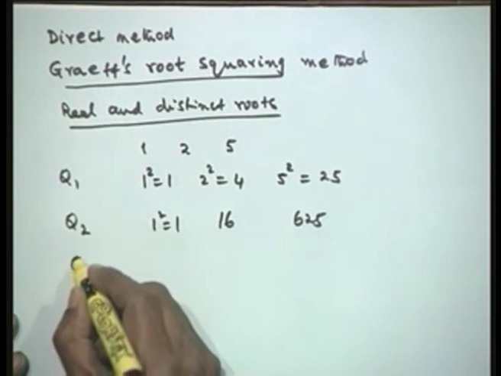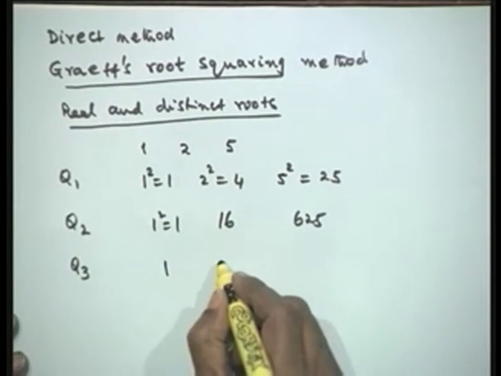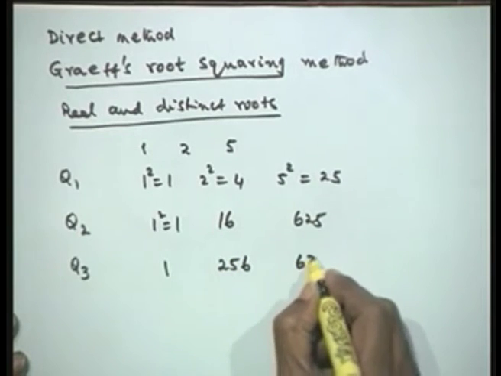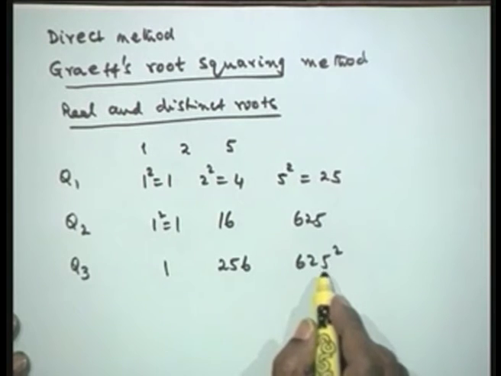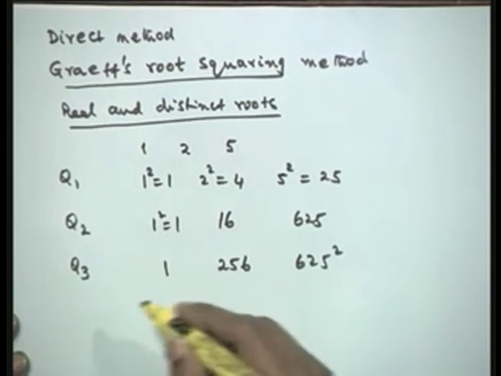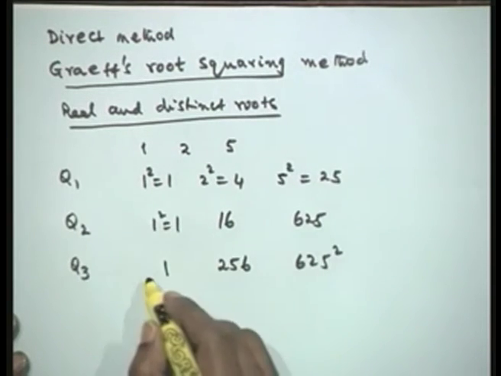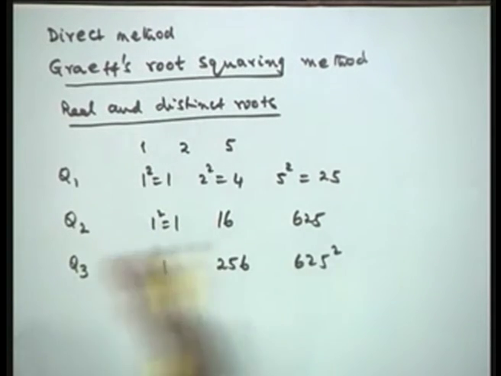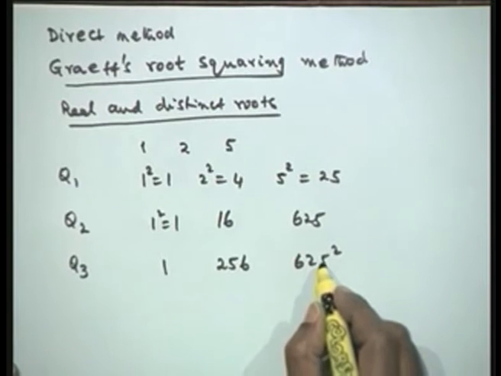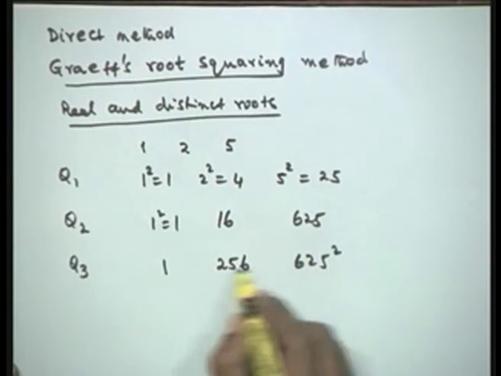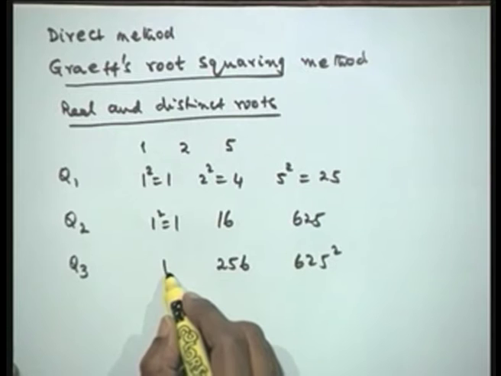Then I go on doing this root squaring procedure. After a few steps of this root squaring procedure, the roots are separated by a large amount. The ratio of the leading ones is very large compared to the ratio of the others.